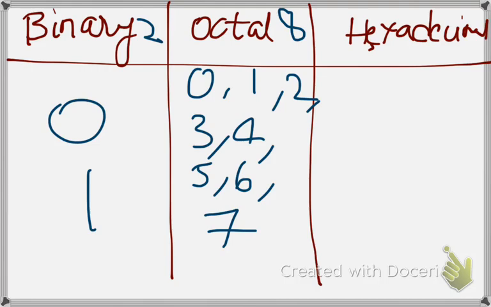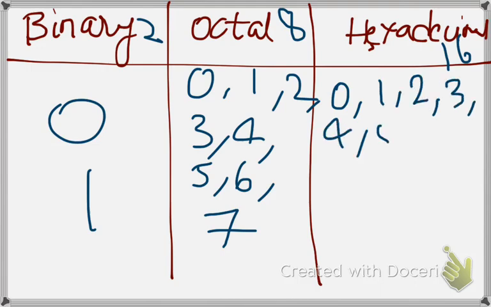And hexadecimal is your base 16. So as the name suggests, you are allowed 16 digits. So you have 0, 1, 2, 3, 4, 5, 6, 7, 8, 9.